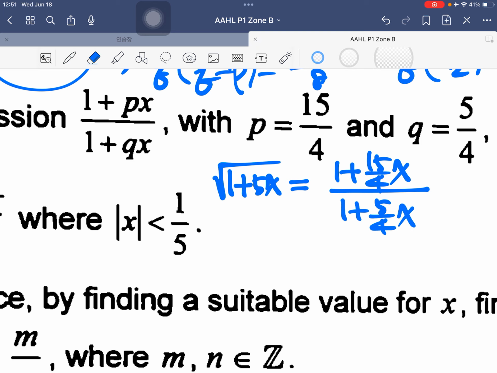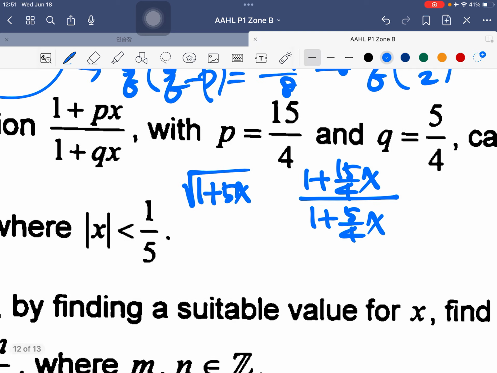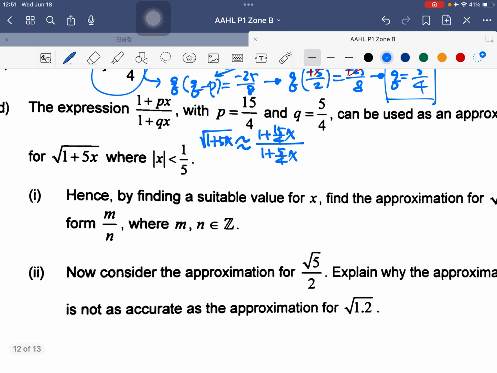So this is not equal, it's an approximation. So this expression is approximated like this, using this, and the absolute value of x must be less than 1 over 5 to have convergence.